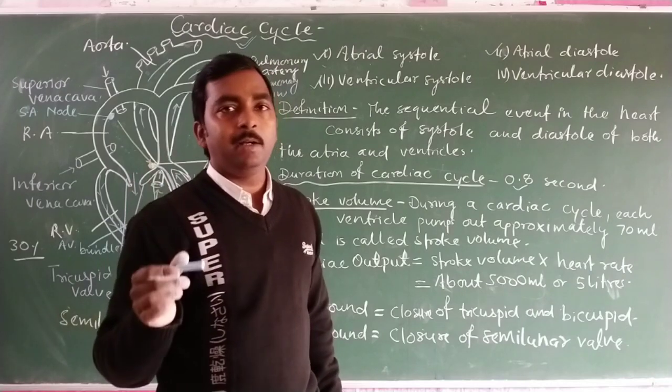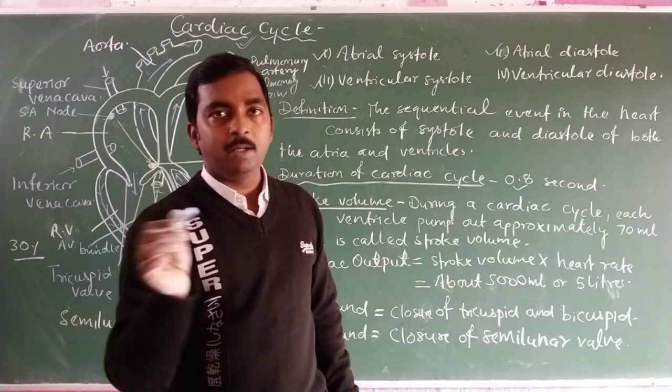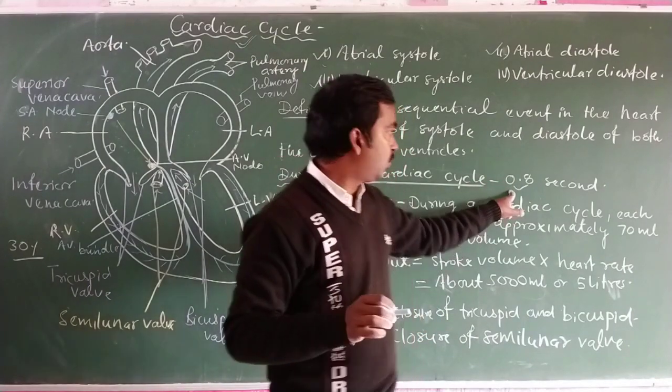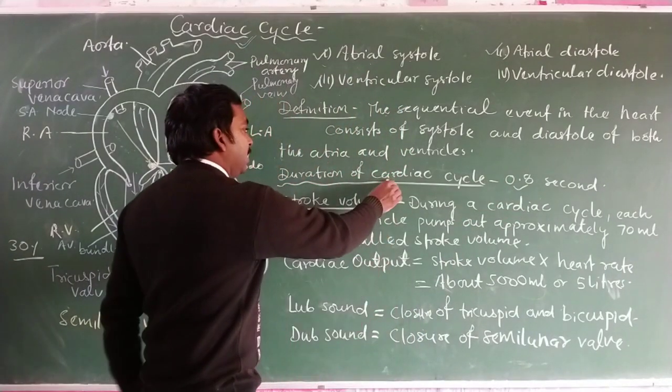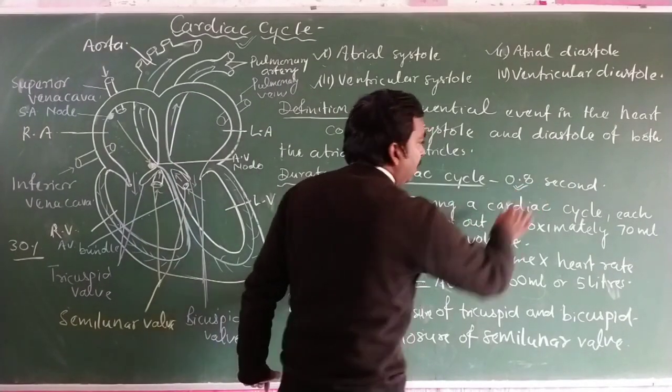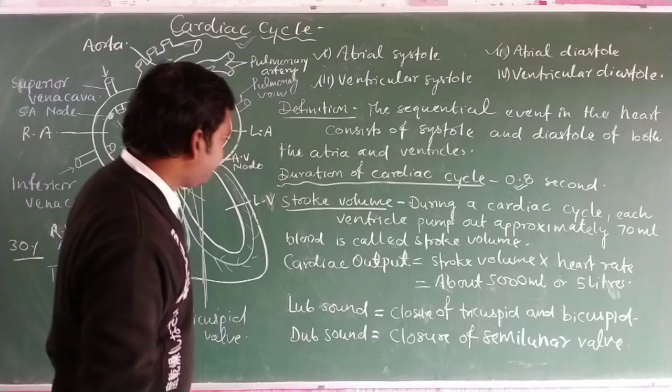If we divide 60 by 72, we find about 0.8 seconds. So for one cardiac cycle to be complete, the time required is 0.8 seconds.